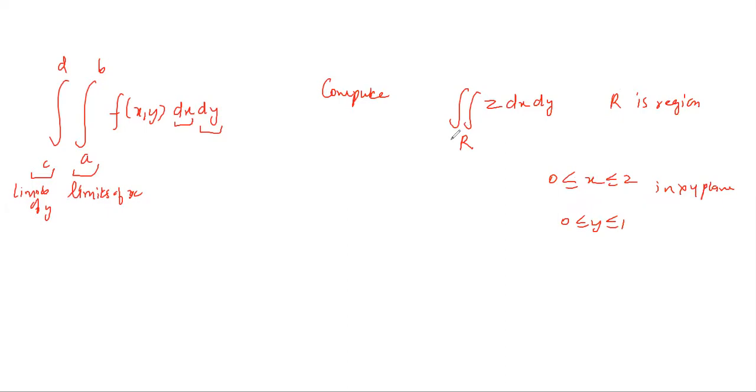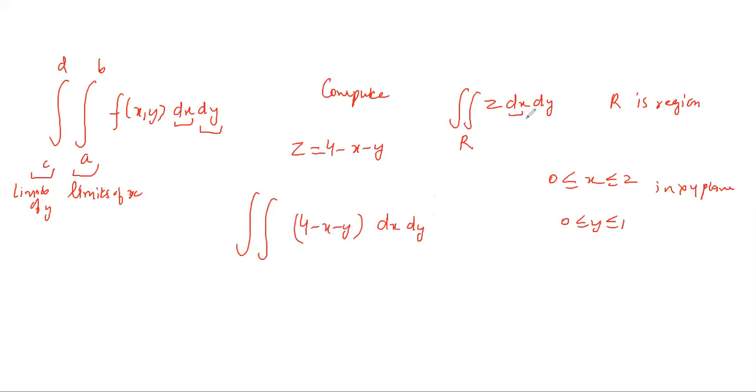So you are given R as a region. You will be given questions like this, in which you are given x and y individual limits, and you have to evaluate the integral, and you are also given the value of z. So z is 4 minus x minus y. You need to evaluate this integral dx dy.